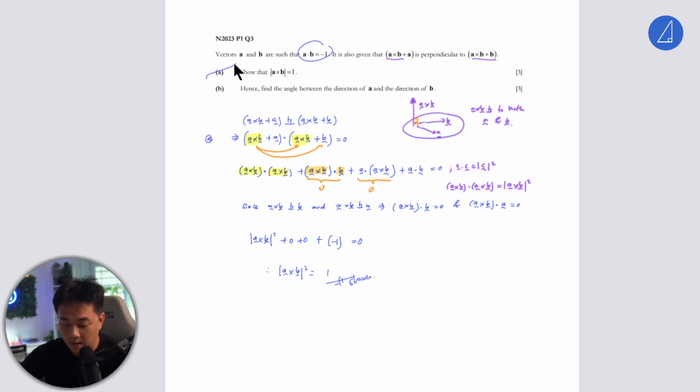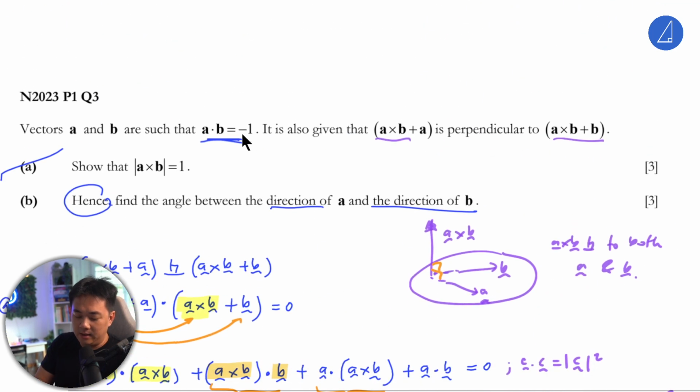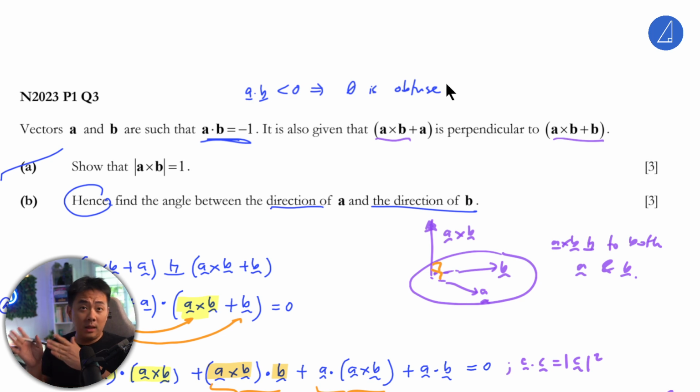Then let's look at part B. Find the angle between direction A and direction B. Okay, so this is important. When A dot B is negative, we know that the angle is obtuse, because the angle between two vectors is either acute or obtuse.